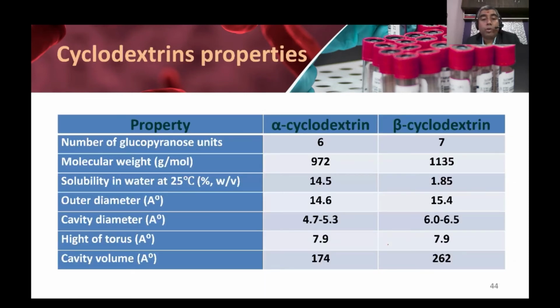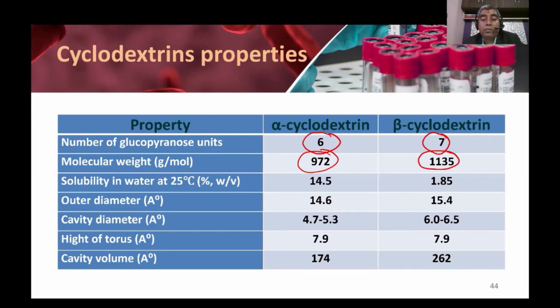These are the properties listed for alpha cyclodextrin and beta cyclodextrin. Number of D-glucopyranoside repeating units, 6 in alpha and 7 in beta cyclodextrin. Molecular weight 972 gram per mole and 1135 gram per mole for alpha and beta cyclodextrin respectively. Solubility in water at 25 degrees, 14.5 gram per liter for alpha cyclodextrin and 1.85 gram per liter for beta cyclodextrin.